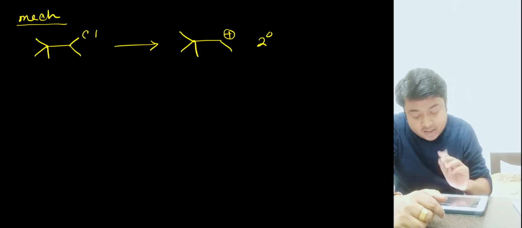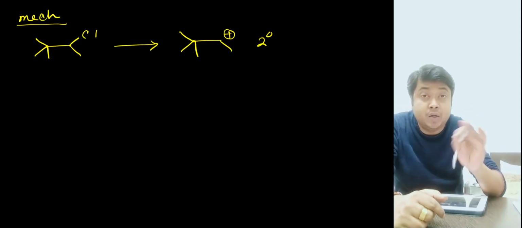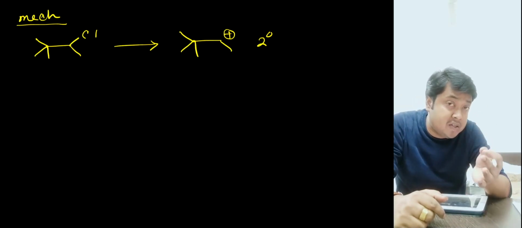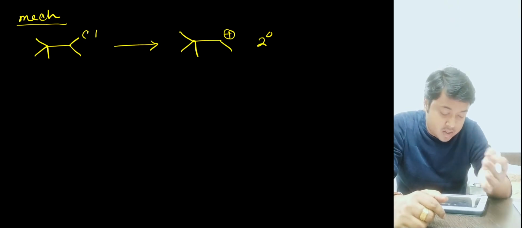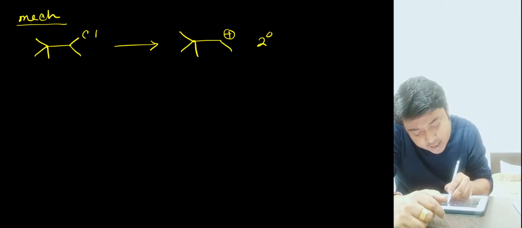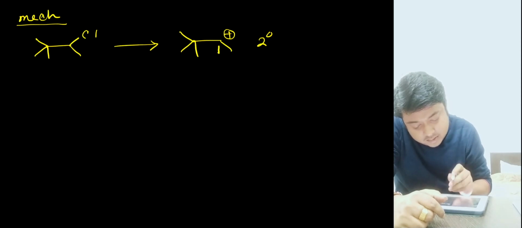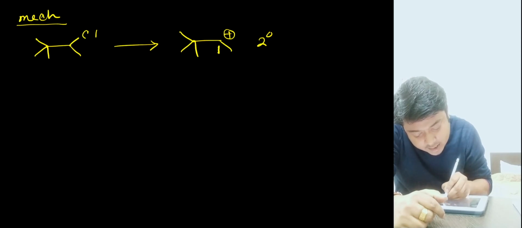In rearrangement, you know that 1-2 shifting, like 1-2 hydrogen shifting, 1-2 methyl shifting, 1-2 phenyl shifting occur. This is the carbon 1, as it is the carbon having the positive charge. It is the carbon 1, and this is the carbon 2.